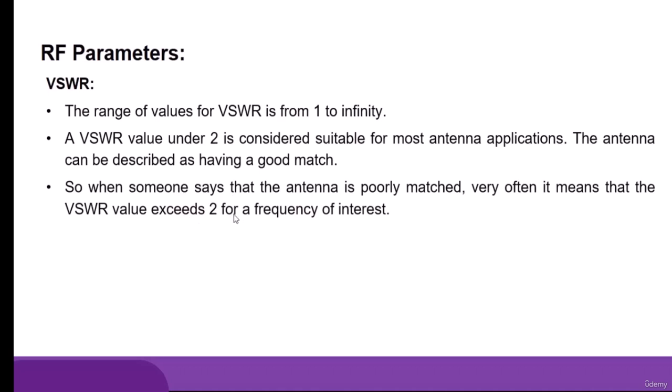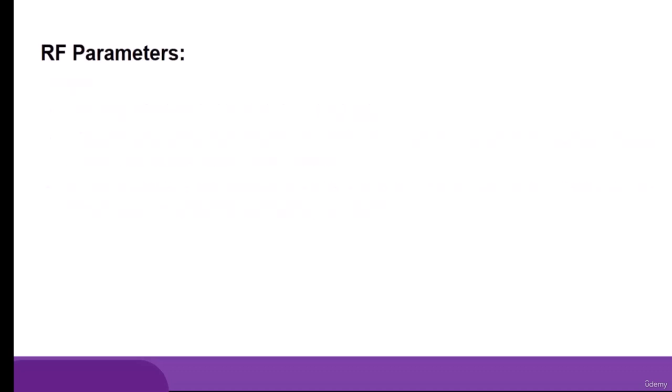In other cases, when someone says that his antenna is poorly matched, it often means that the VSWR value exceeds 2 for a frequency of interest. So, if someone says that the antenna impedance is not met or is very poorly matched, then it means that the VSWR is above 2. It would be 3, 4, 5, 6, but for a very good match, it should be 2 or less than 2.